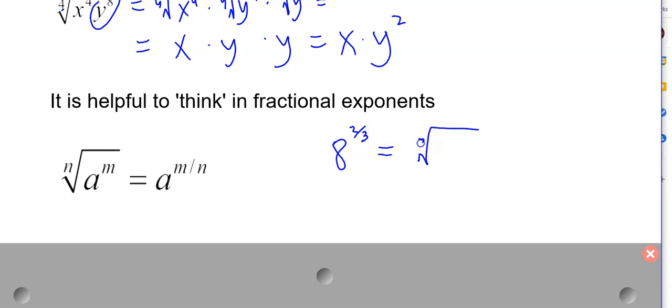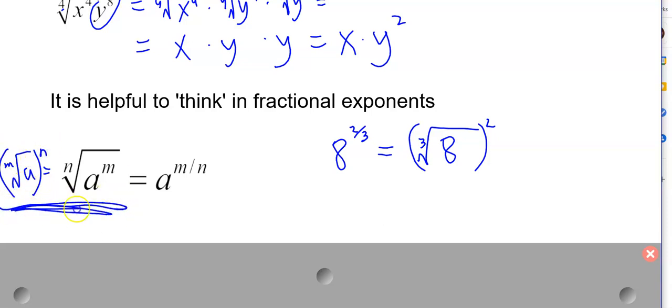So this would be the third root of 8 to the 2, and I usually put the 2 on the outside, but you could also write it as the mth root of a, all to the power of n. Those two are the same thing.